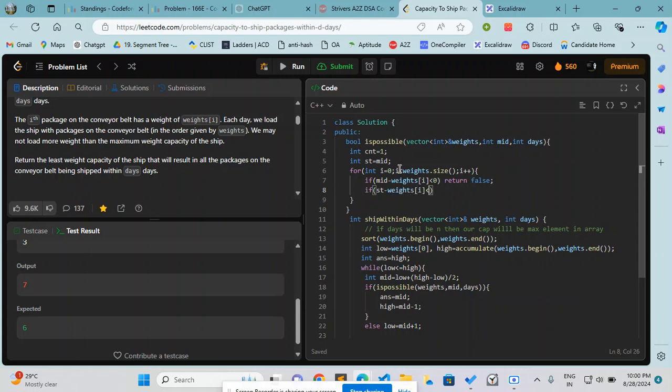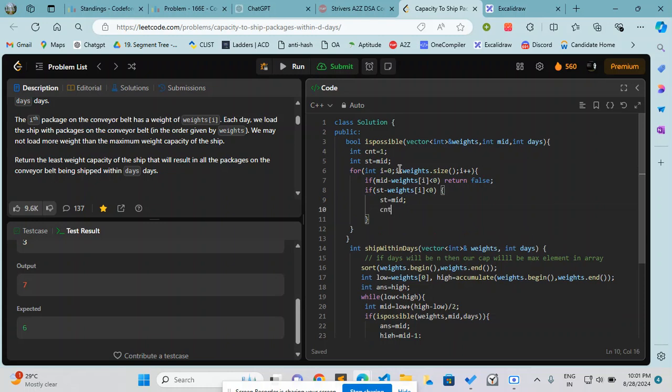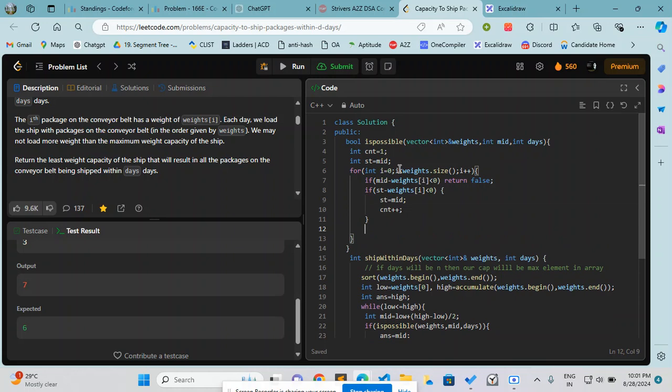If we are not able to supply this much weight, what we can do is post this package to the next day. We increase our day count, d plus plus, and on the next day we package with our capacity remaining as the weight supply.